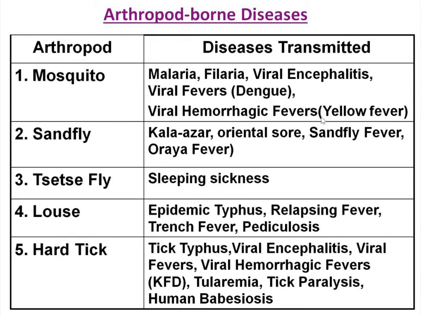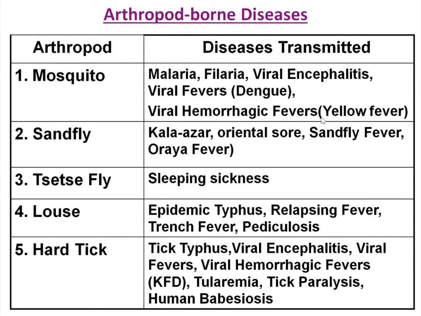Head louse causes epidemic typhus, relapsing fever, trench fever, and pediculosis. Pediculosis is usually related to humans. Next is hard tick. Hard tick causes tick typhus, viral encephalitis, viral fevers, and viral hemorrhagic fevers like KFD, Kyasanur Forest disease. Next, tularemia, tick paralysis, and human babesiosis.